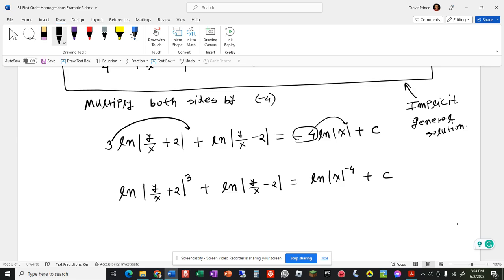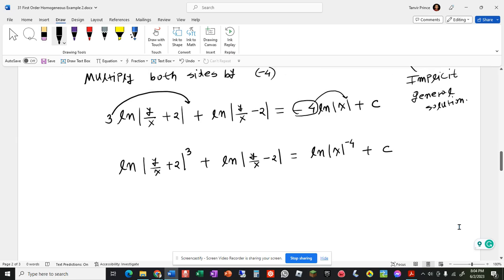Okay. Now a trick that we can do is this. See, I can replace my c by ln c because that is an arbitrary constant. So I can replace c by ln c. At the end of the day, it will be an arbitrary constant.